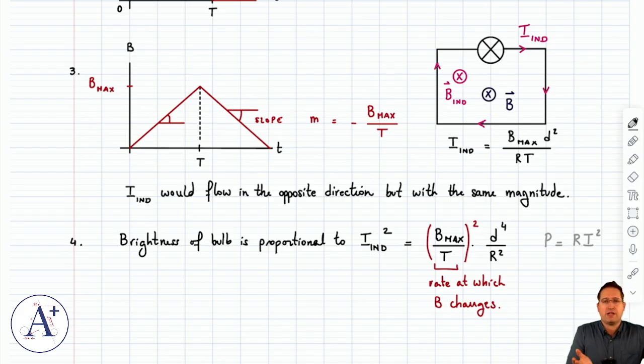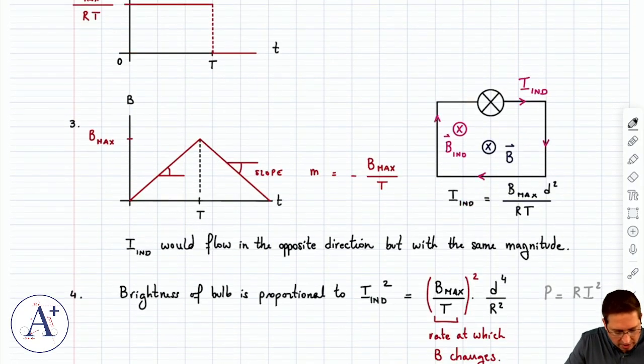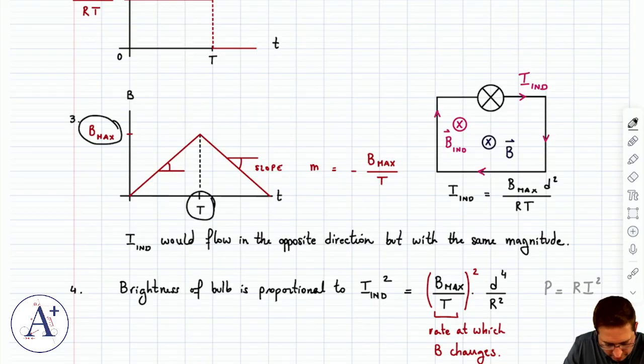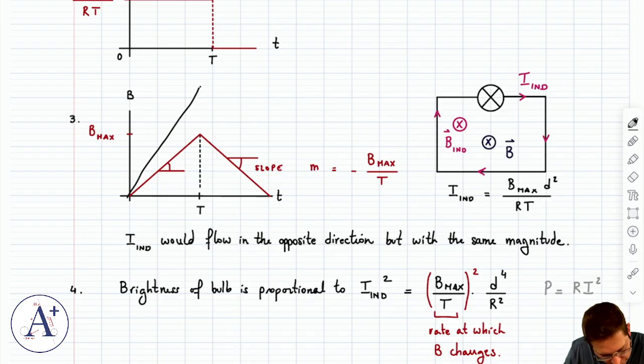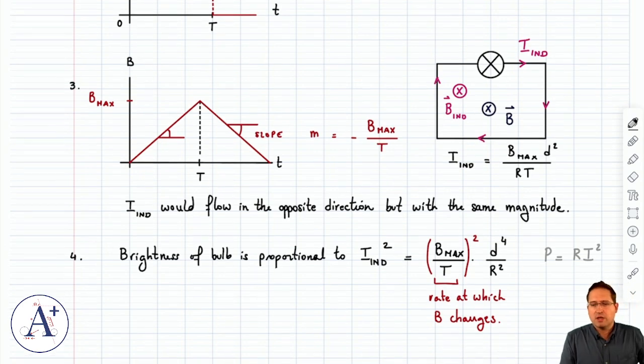I could make B, instead of reaching B max in time t, reach 2B max. So it's still linear, but it goes twice as far in terms of magnitude of the magnetic field. But I could also have B vary quadratically with time, or be any function of time. The point is, the rate of change of B is going to show up in I induced.